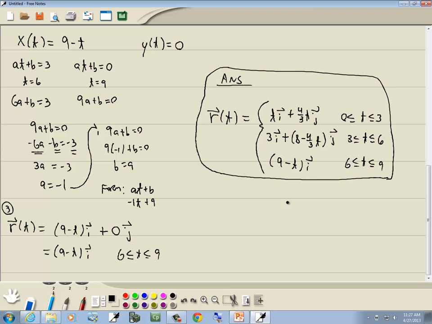I did it different in this. I went from t is equal to 0 to 1, then from t is equal to 1 to 2, and t is equal to 2 to 3. And I got answers completely different. I mean, there's some similarities, like x here is still 3, y was 0 down here, and so forth. So you're not restricted to any particular t values.